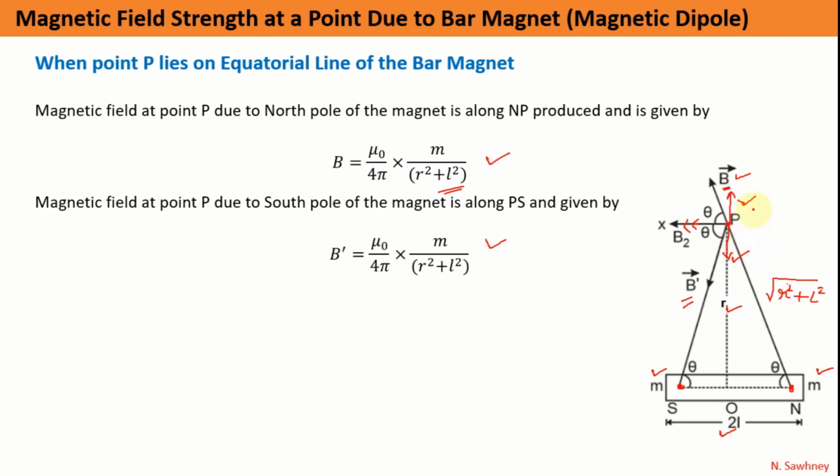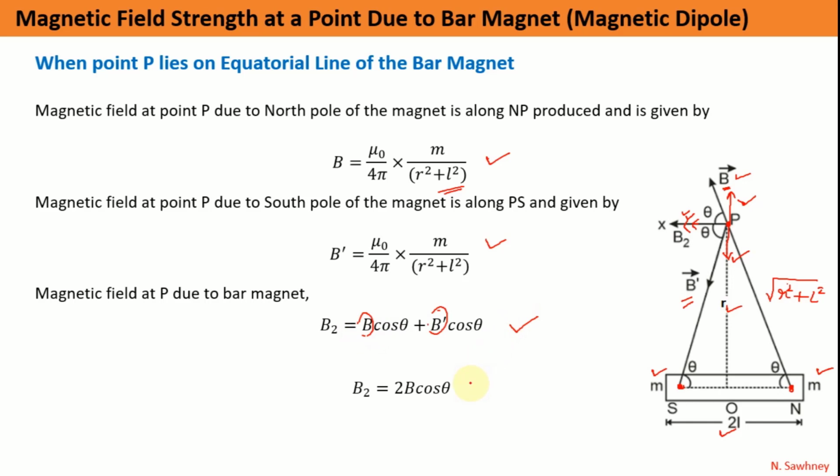If you look carefully, the sine components are in opposite directions and their magnitudes are equal, so they both will cancel each other. Hence, the magnetic field at point P will only be dependent upon the cos components, as both the cos components are in the same direction, that is along Px direction, so they will get added up like this. Both the magnitudes B and B dash are equal to each other, hence we can write it as 2B cos theta.